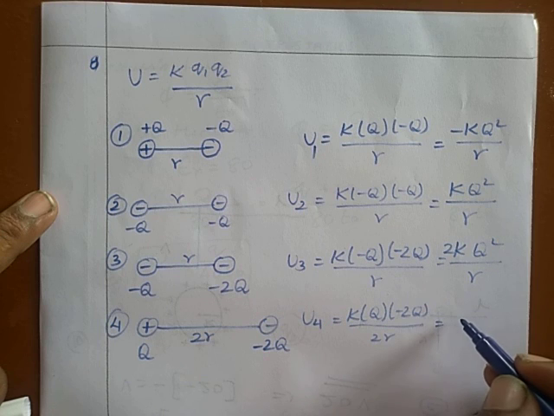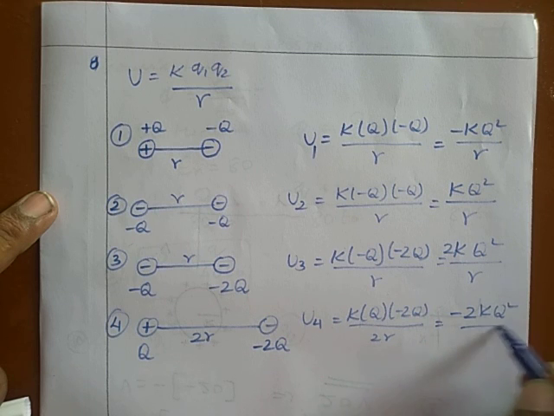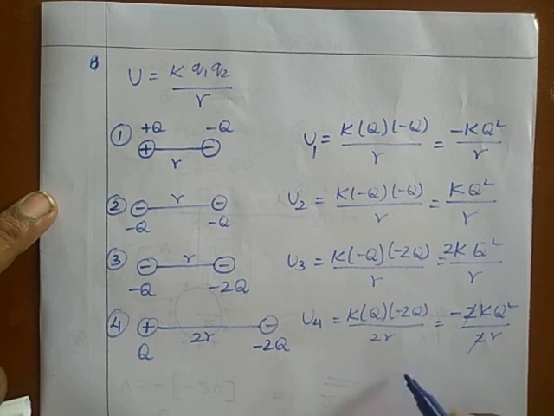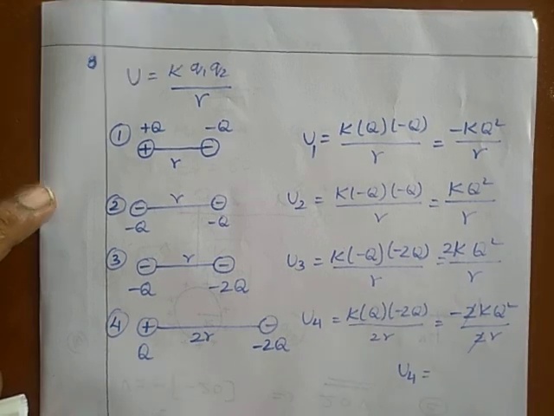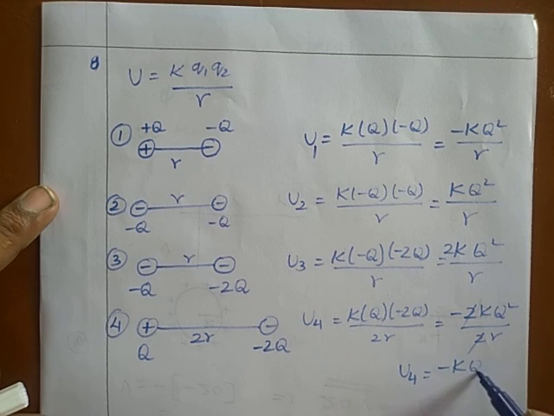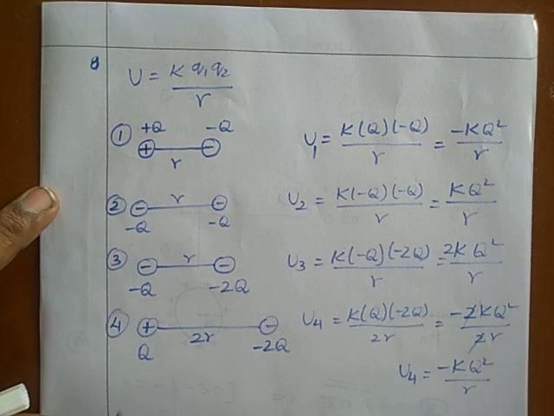After solving this we get minus 2K Q square by 2R. Then the 2 is going to cancel. We get U4 is equal to minus K Q square by R. By comparing U1 and U4, they are the same. We can write this as U1 is equal to U4.